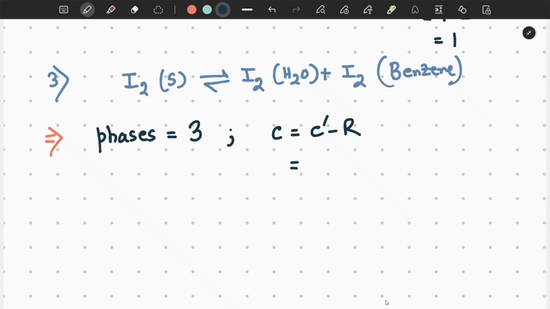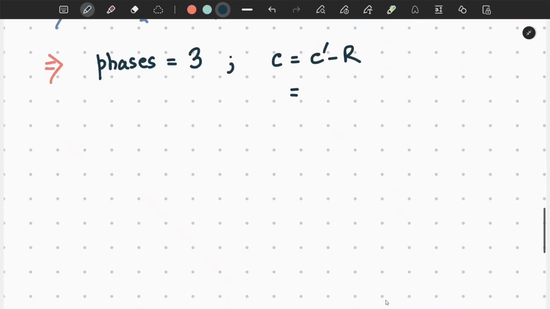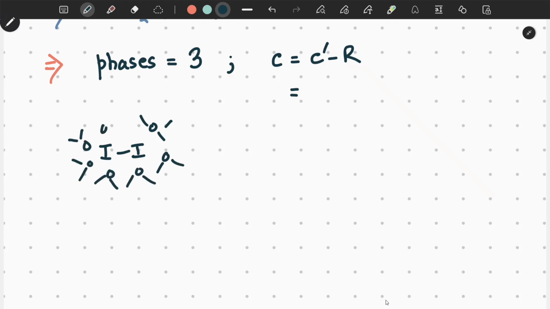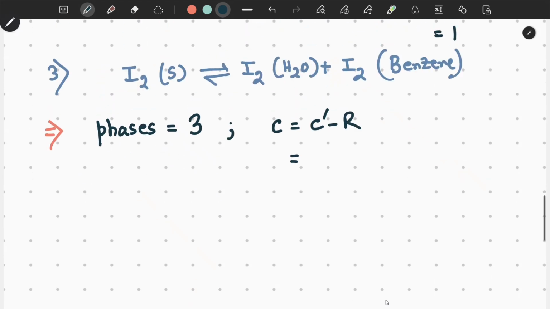The structure of iodine in benzene will be different. So the better choice is three. Just consider water and benzene, if it is easier to understand. Ultimately, the meaning is the same.